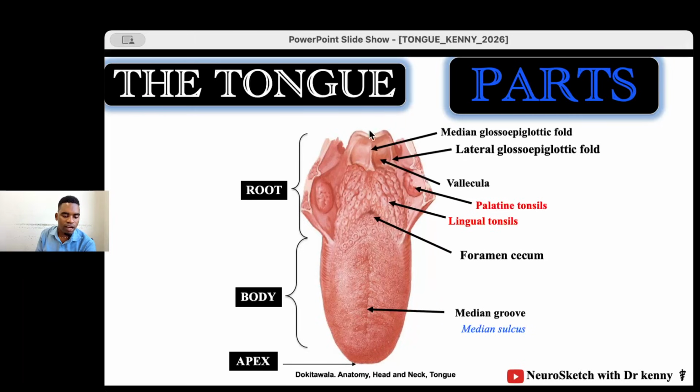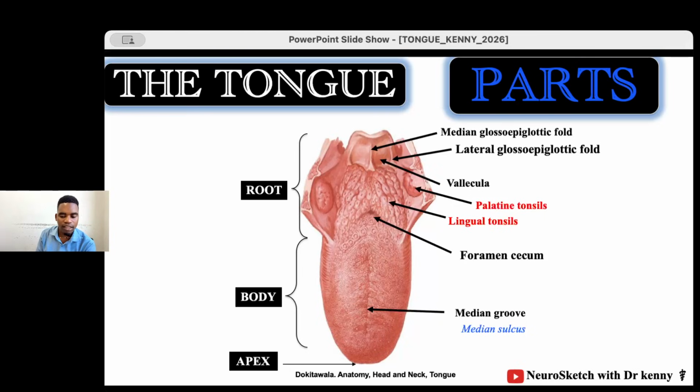And then we have this which is called the epiglottis. This is the epiglottis, and we have folds which are connecting the epiglottis and the tongue. These folds we call the glossoepiglottic folds, because they connect the glossus, the tongue, and the epiglottis. Now, one is median and two are lateral.